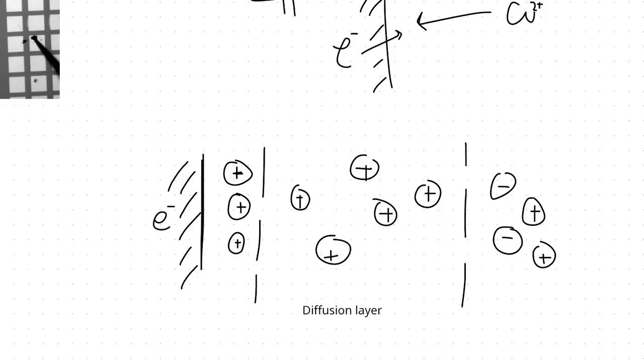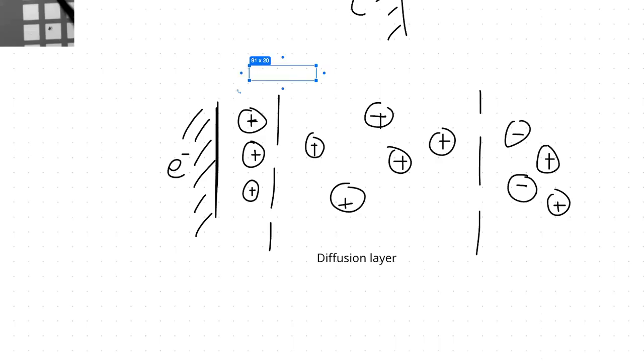Some more terminology: we have the inner Helmholtz layer, which is where this diffusion layer starts, and we have the outer Helmholtz layer, where the diffusion layer ends and where the positive ions are no longer able to, quote unquote, see the negatively charged electrode anymore.